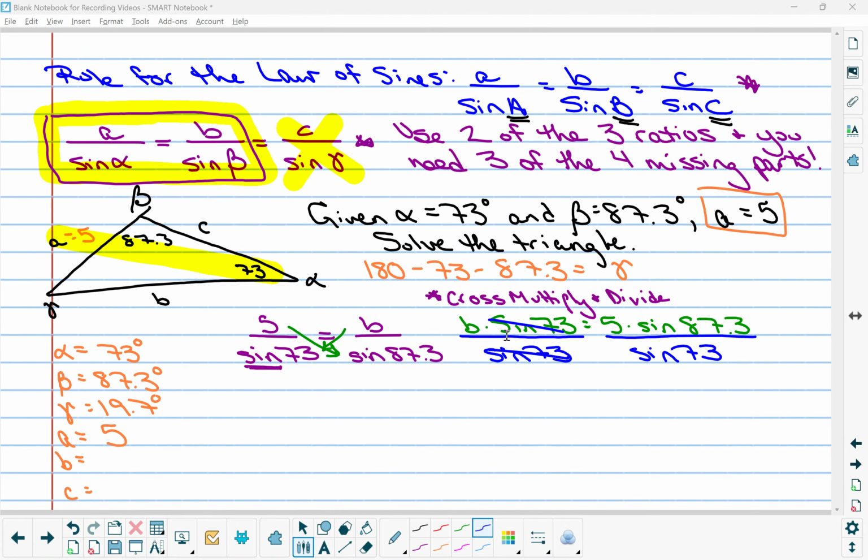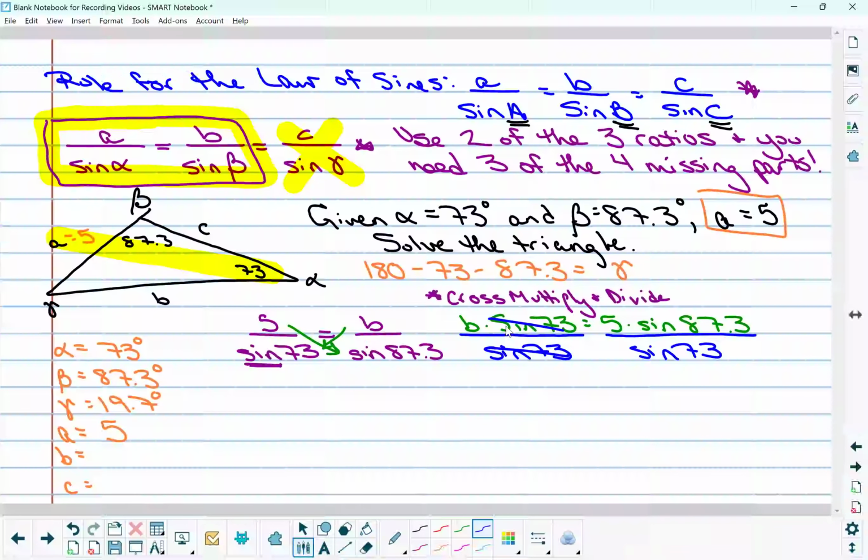I don't know what this problem said to round to, but I have 2 decimal places on my paper everywhere. So 5.22 would be my answer here. Okay, so we're going to flip back over here, and we're going to say B is 5.22. I had to disconnect my keyboard there, so bear with me a moment. All right, so B equals 5.22.